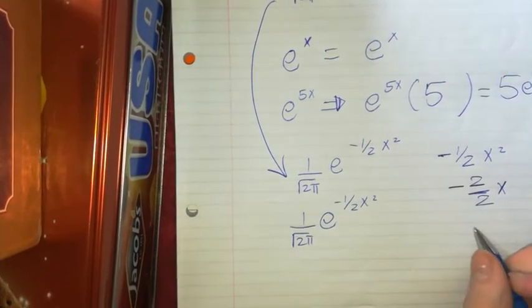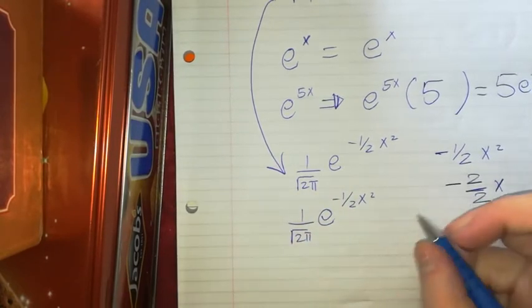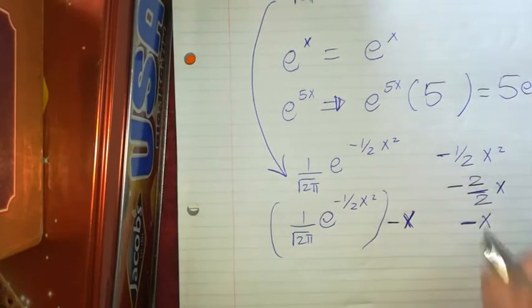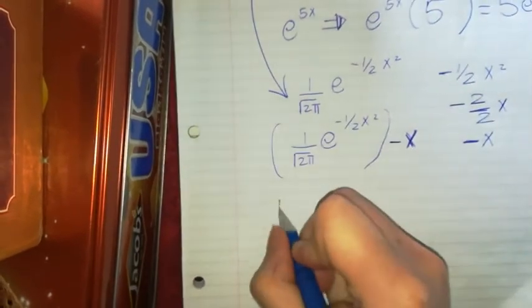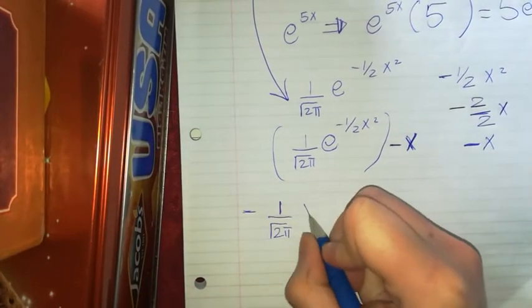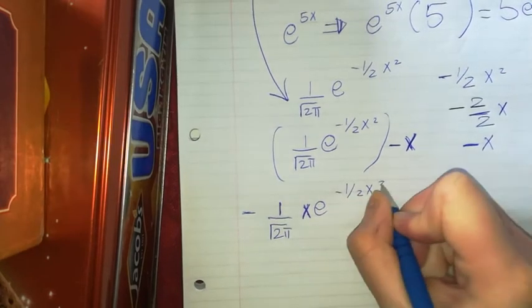So that's just going to be minus x. So you have to multiply this all by minus x. So then it's going to be, I'll just put a minus in front, 1 over root 2 pi, x e to the minus a half x squared.